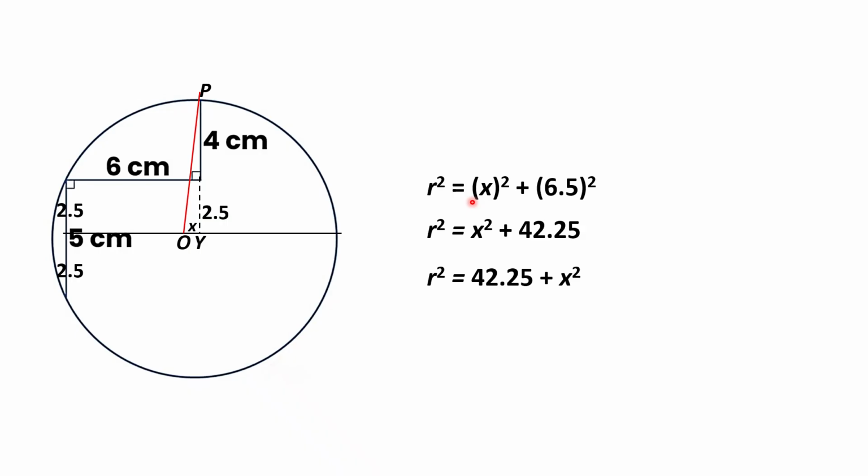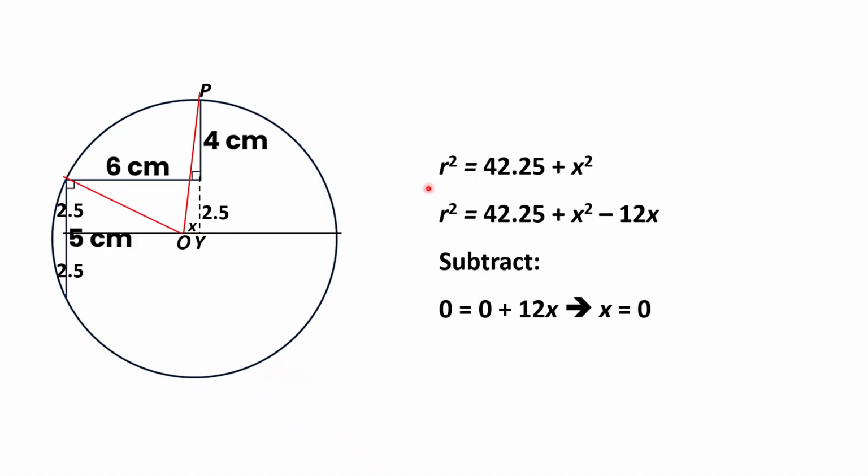So r square equals x square plus 42.25, or r square equals 42.25 plus x square.